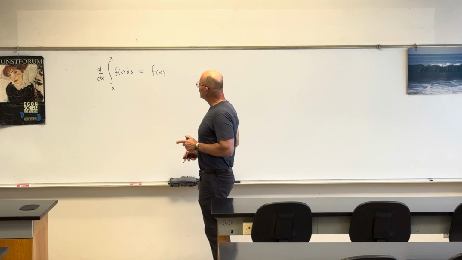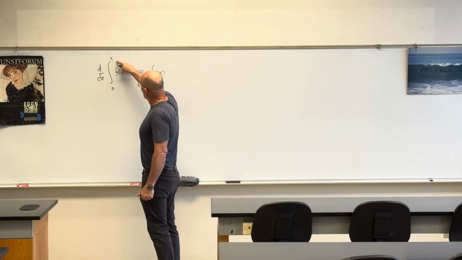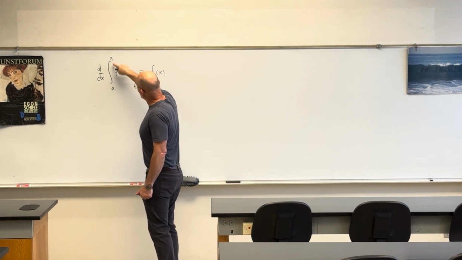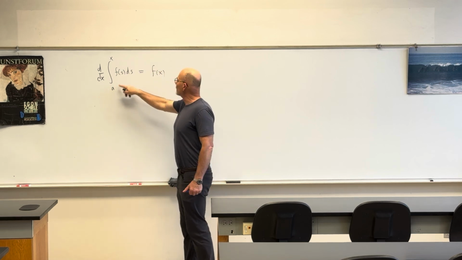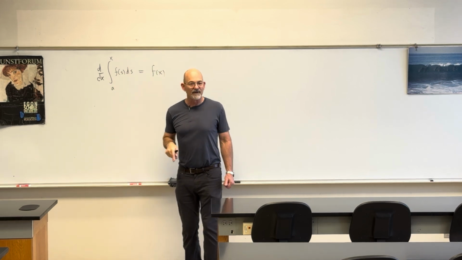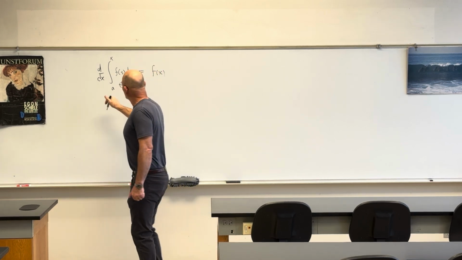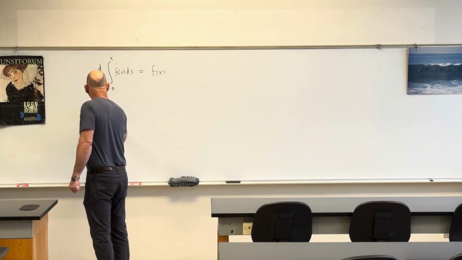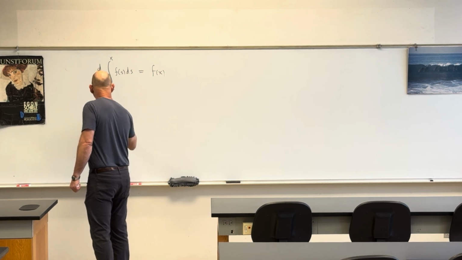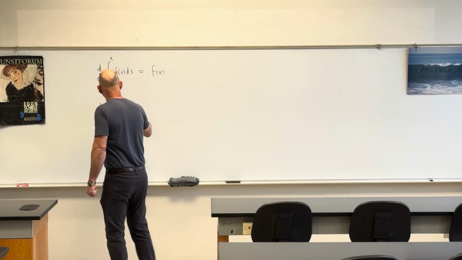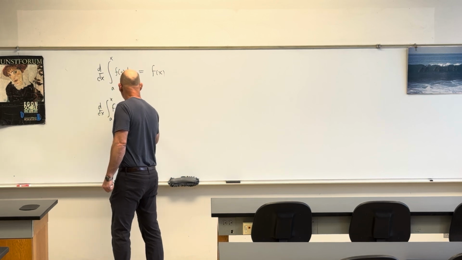A related proof would show that if the x were at the lower bound, then you would get a minus sign in there. But you guys can play around with that yourself. So what we have here is the following: d over dx of this, I'll just rewrite as ds.